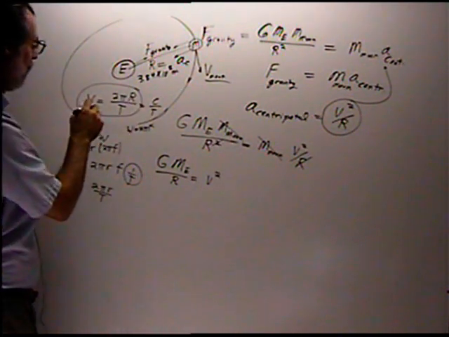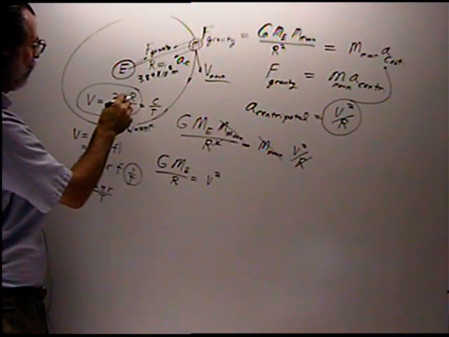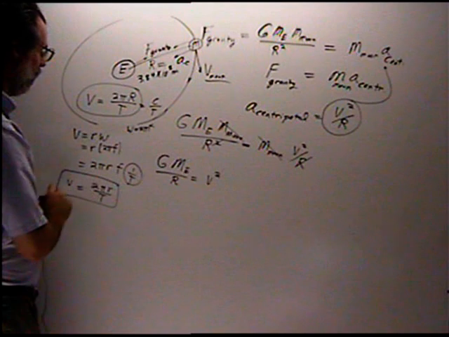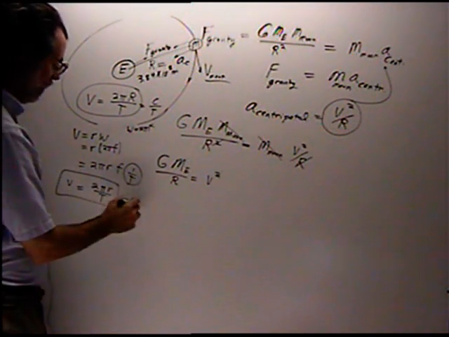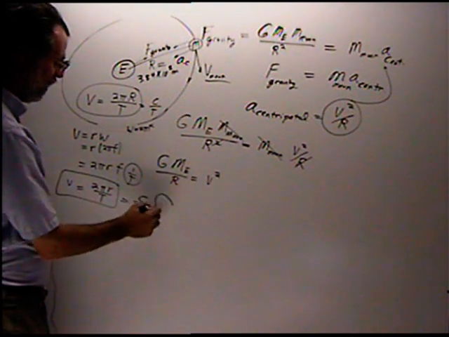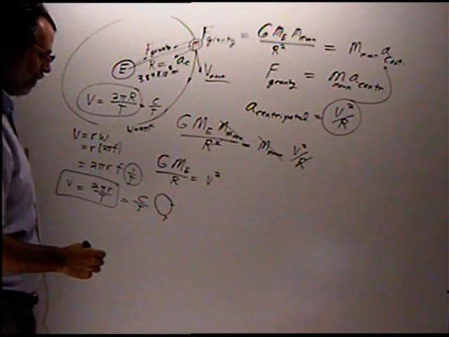The velocity is equal to 2 pi times the radius divided by T. So it's simply the circumference, the distance all the way around once, divided by the time.